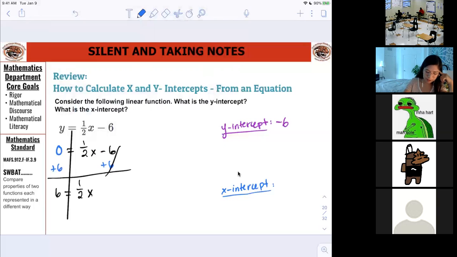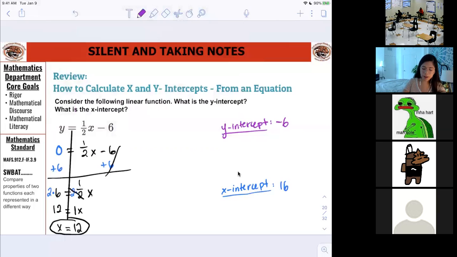Multiply by 2. So here I'm going to multiply by 2 on both sides. And what that does is it completely cancels out my denominator. So now I have 12 equals 1x. And we know that 1x is the same thing as just x. So x equals 12, sorry, I saw a 6 and I wrote a 6. All right, x equals 12. So my x-intercept is 12.